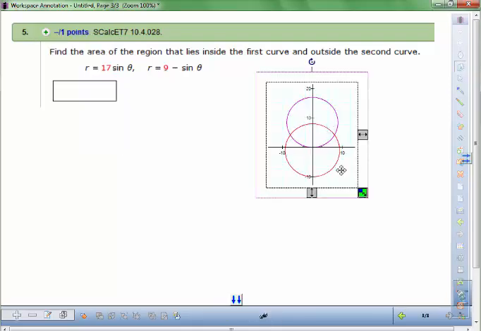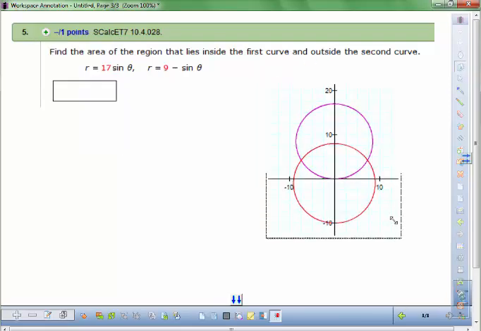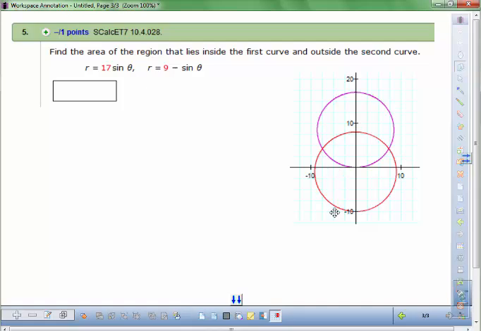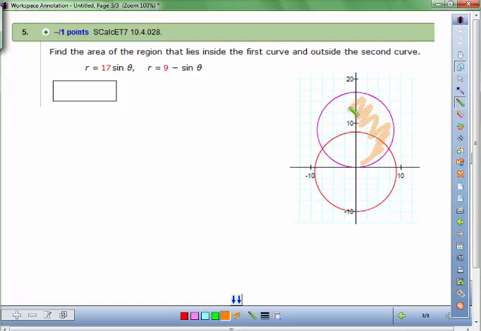Suppose we should figure out which area it is we're trying to look for, so that we know what we're talking about. Area of the region that lies inside of the first curve, so we want the overlap, right? So this is the first curve, inside of the first curve, and then it says outside of the second curve. So how should we do this?